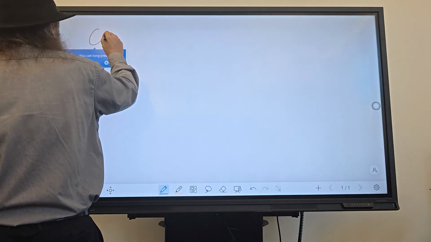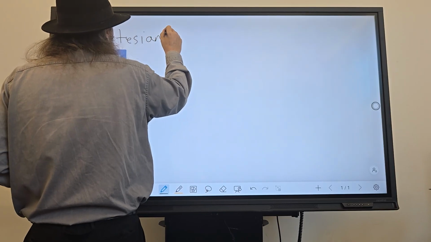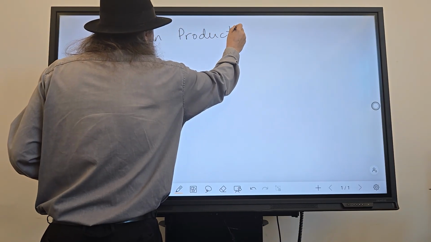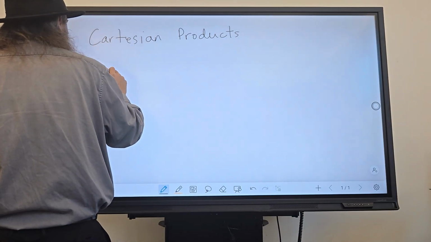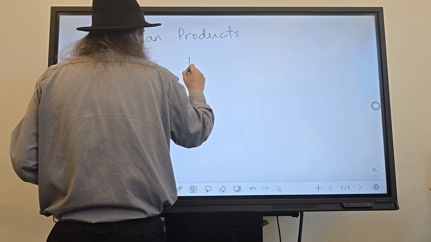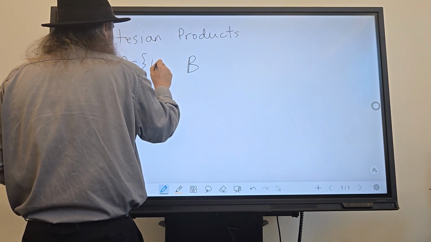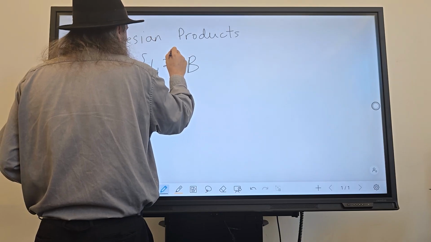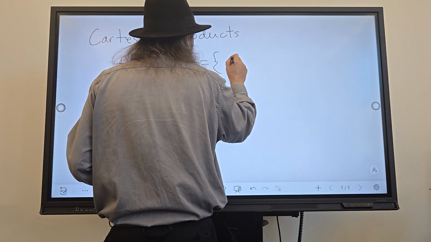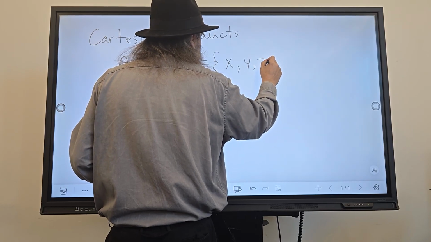Cartesian products. You have two sets, say A and B. A, say, is equal to {1, 2}, and B is {X, Y, Z}.